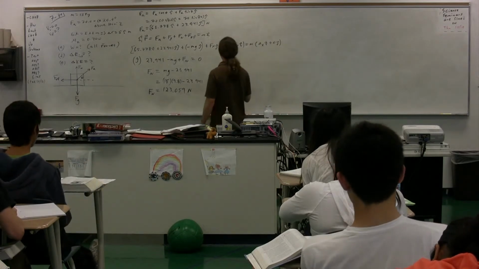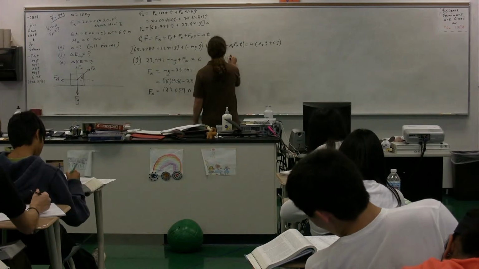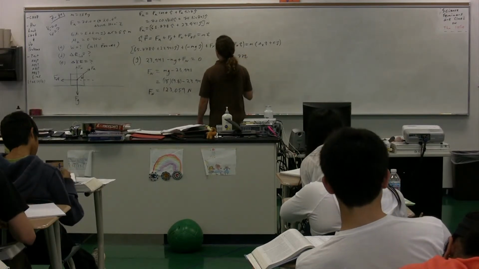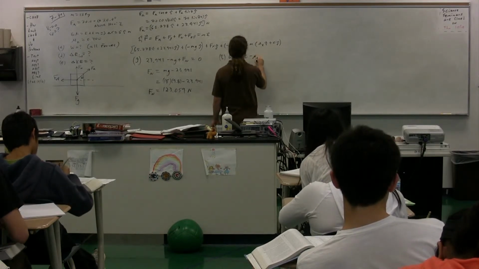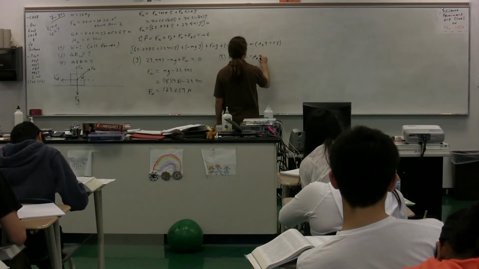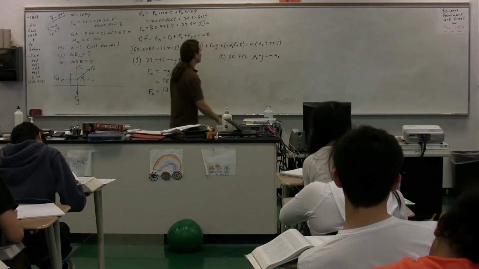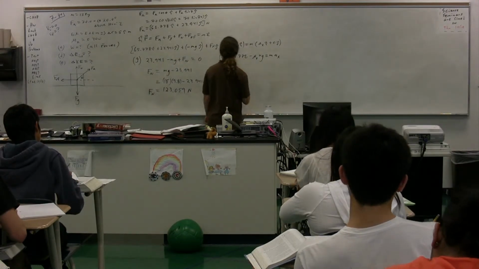We can now just look at the i's. We have 65.778 minus mu k times the normal force, and that is equal to mass times the acceleration in the x direction. So we can figure out the acceleration in the x direction.